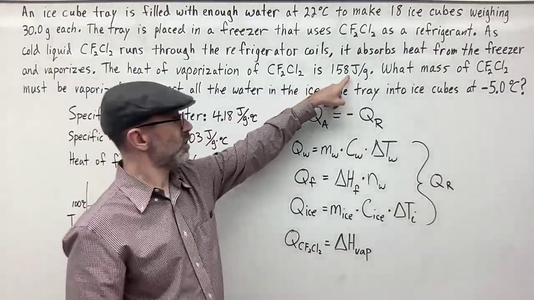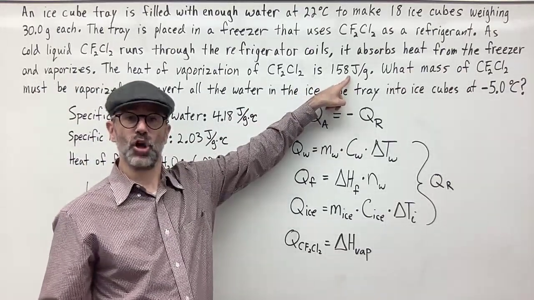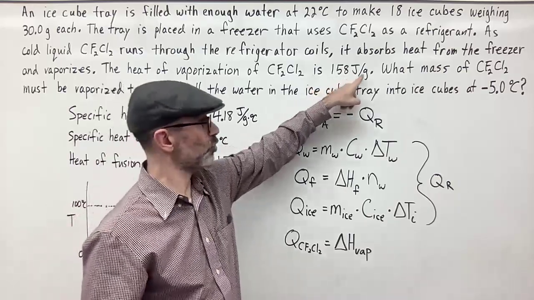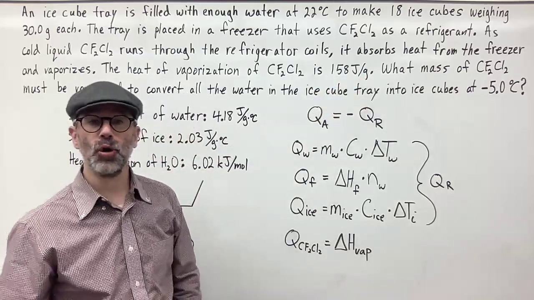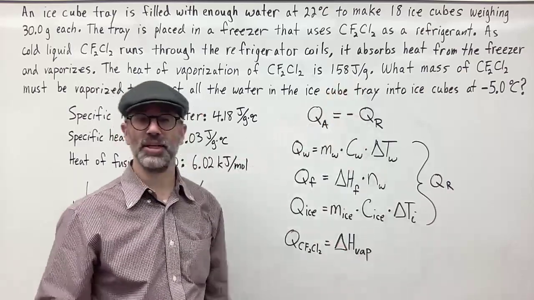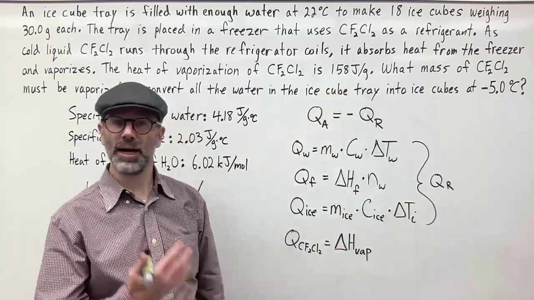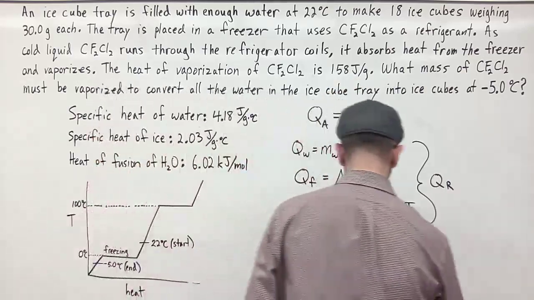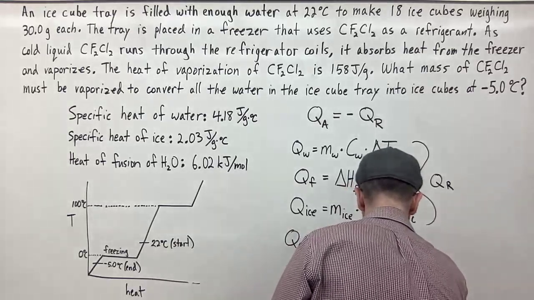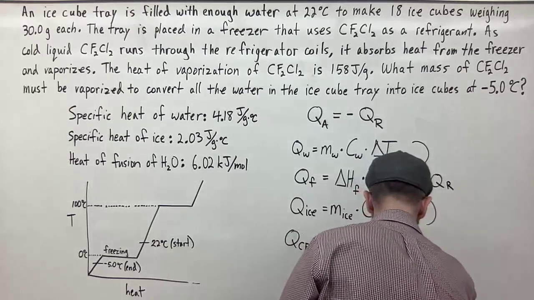Now notice it's in joules, so that's an energy unit. That's what we want, but it's joules per gram, so we're going to have to get rid of grams. And since grams is on the bottom, that means we're going to have to multiply by the mass in grams. So this is going to have to be multiplied by the mass of this CF2Cl2.